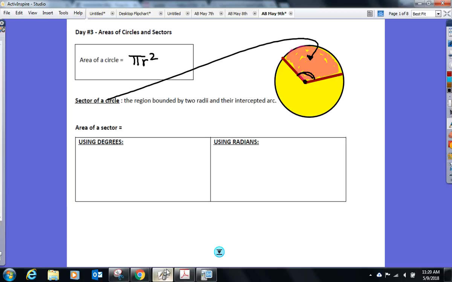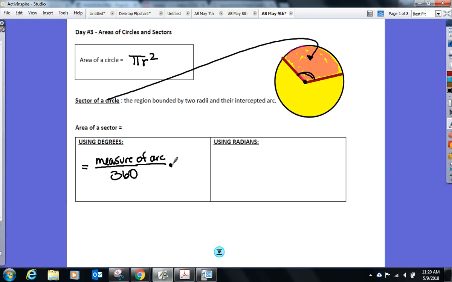If it's in degrees, everyone, here's how I find the area of this shaded region, this sector. Measure of the arc over 360.